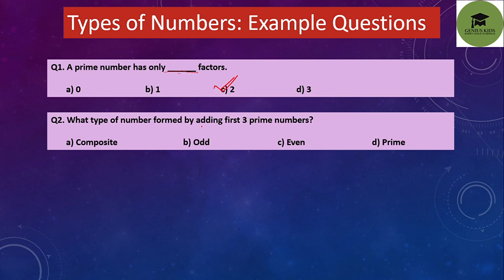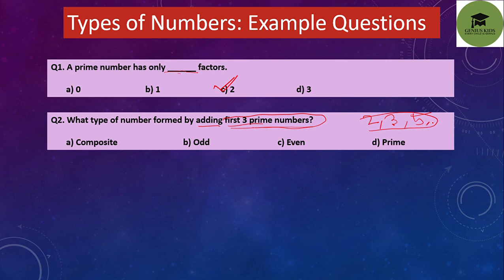What type of number is formed by adding the first 3 prime numbers? What are our first 3 prime numbers? The first 3 prime numbers are 2, 3 and 5. So we need to add these 3 numbers. 2 plus 3 is 5. 5 plus 5 is 10.